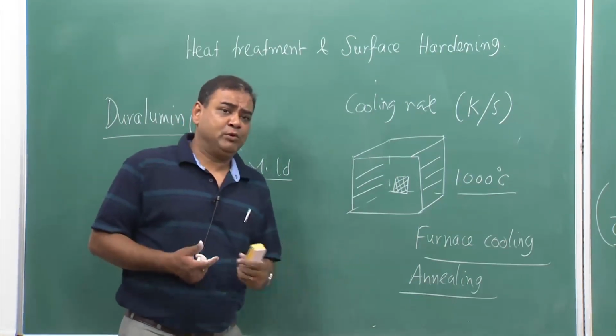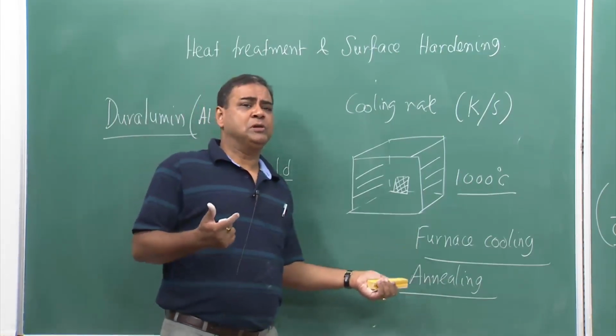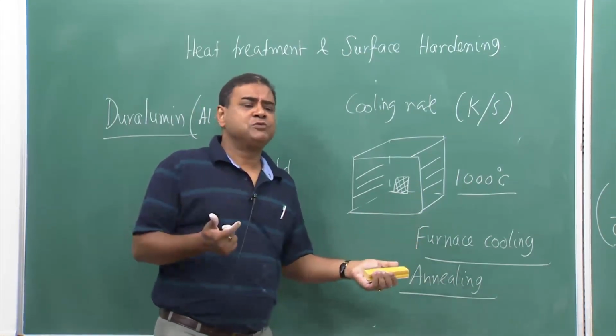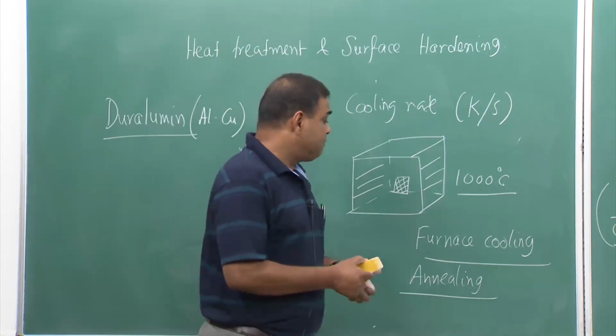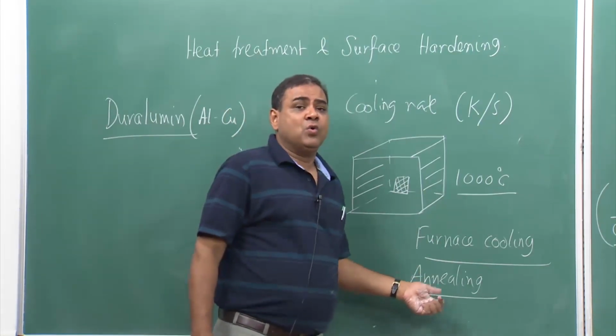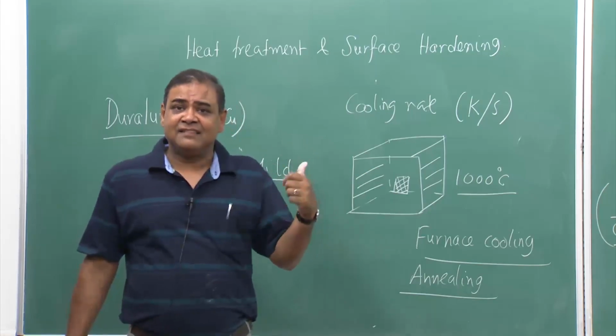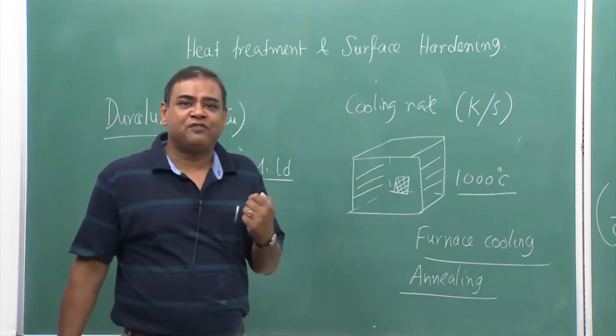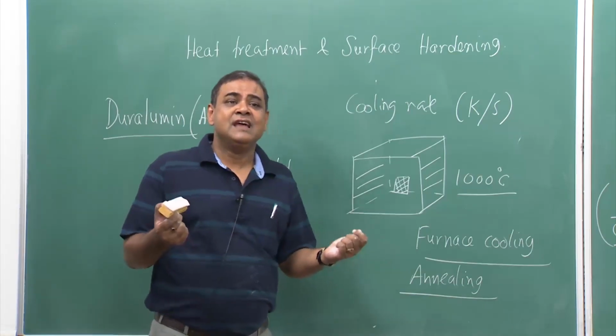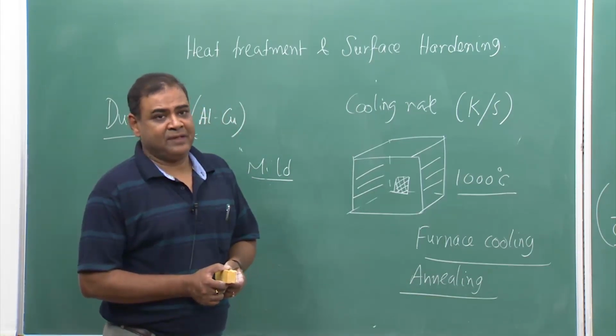It is not completely equilibrium, but in many books you will find that it is basically a very, very slow cooling, the equilibrium cooling, and that means we will get the structure as is predicted in phase diagram, because a phase diagram is basically called as equilibrium diagram.